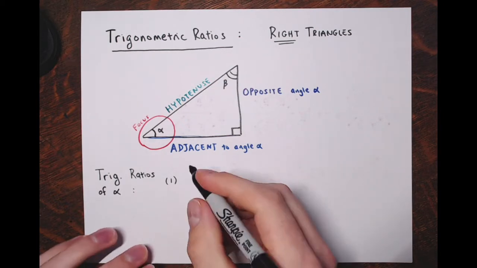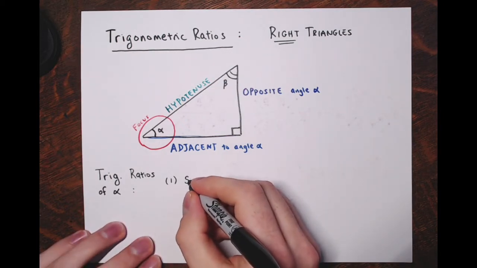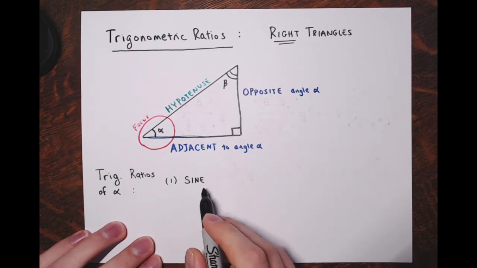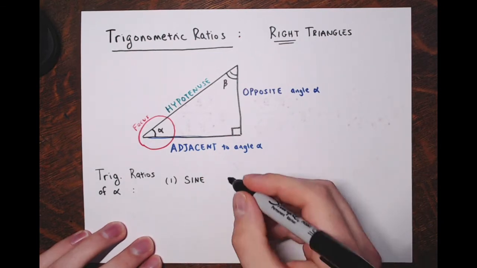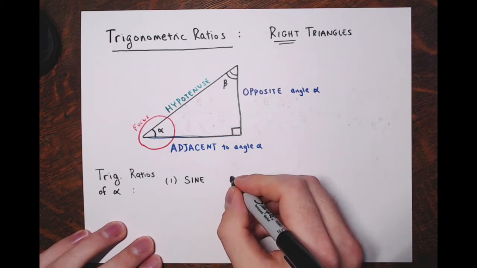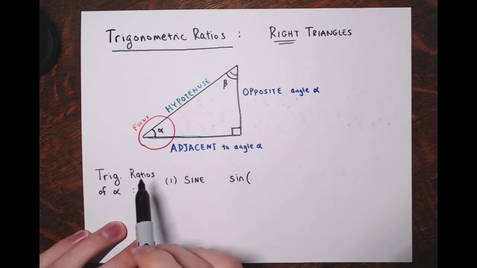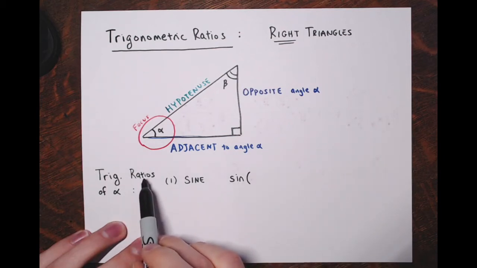So the first one that we're going to learn about is called the sine of angle alpha, S-I-N-E. The notation for it is 3 letters, S-I-N. As I was saying before, these trig ratios are sometimes referred to as the trig functions.